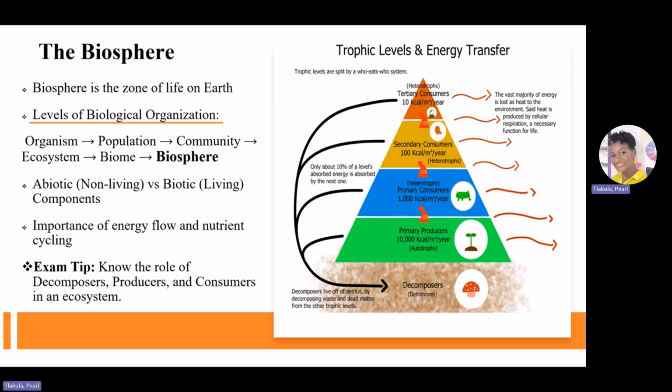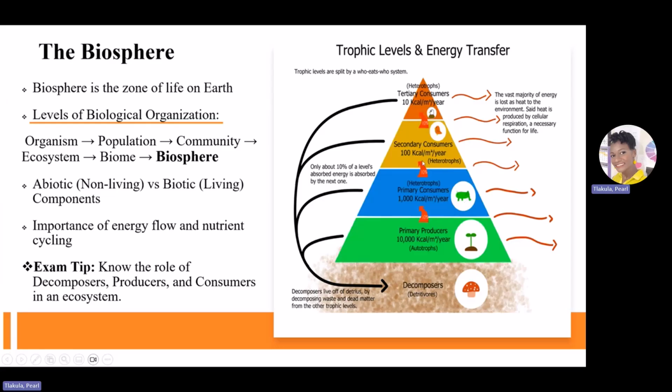Then the primary consumers, these are your insects that forage on your plants. And then we have the secondary consumers, which are other animals that feed on the insects.